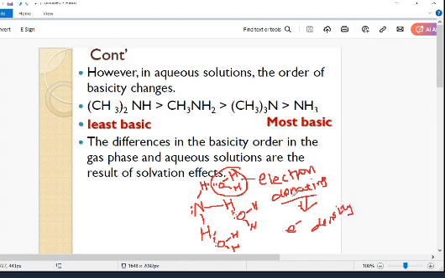It increases the electron density and therefore becomes more basic. So you can see in solution where you are introducing water there, why there is the change in terms of the basic properties of that particular group or molecule.